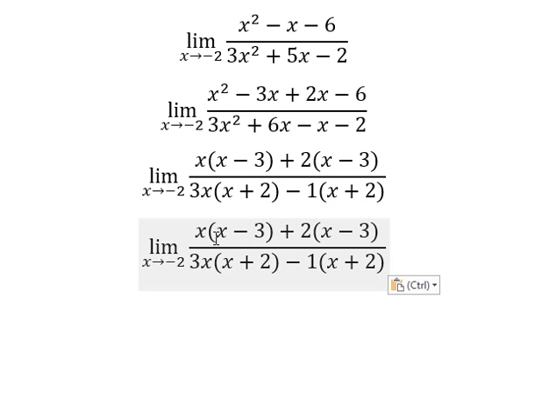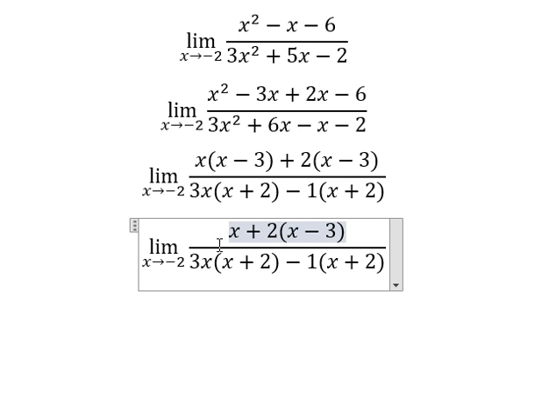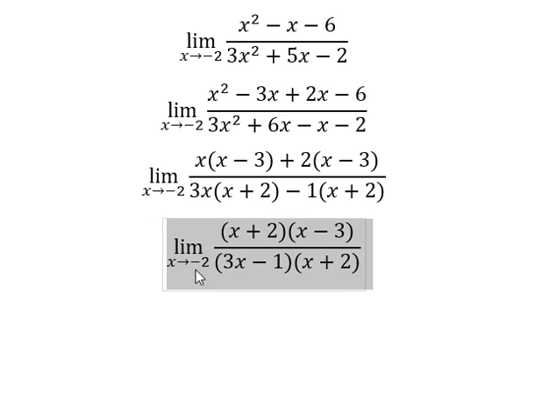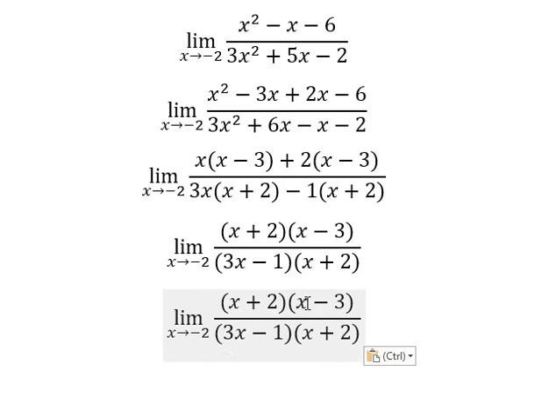Next, s minus number 3, s minus number 3, we can do another factorization. Similar for the second one. Next, we need to simplify the numerator and denominator.